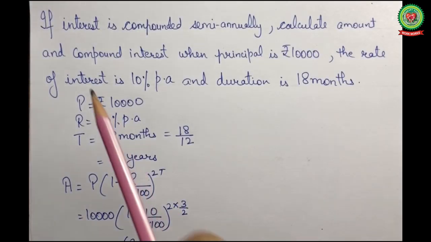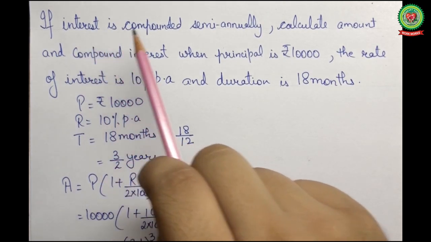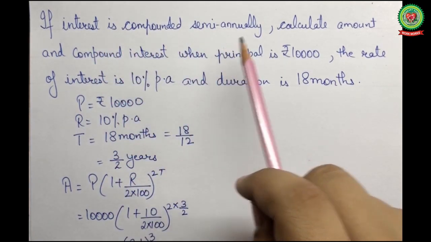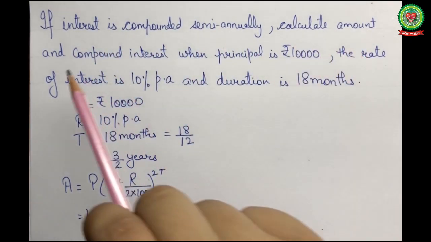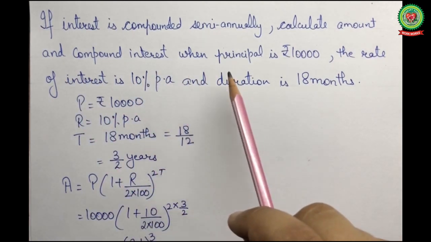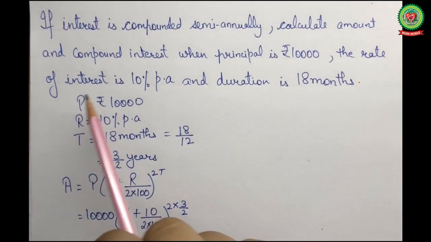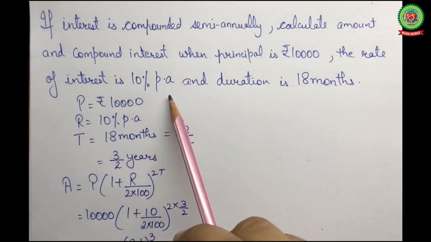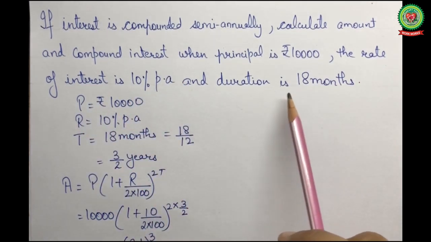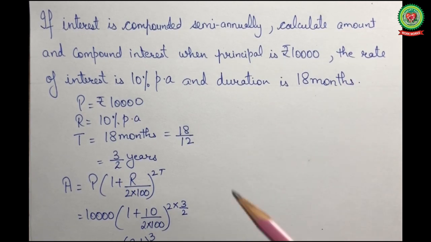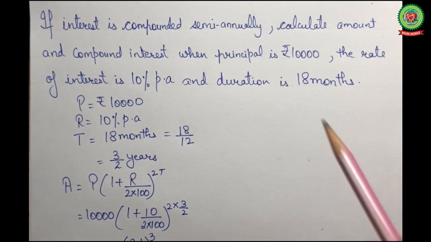Now let us discuss one more example for the better understanding of this concept. The second example is, if interest is compounded semi-annually, calculate amount and compound interest when principal is rupees 10,000. The rate of interest is 10% per annum and the duration is 18 months. So now let us find out what is given to us in this sum.